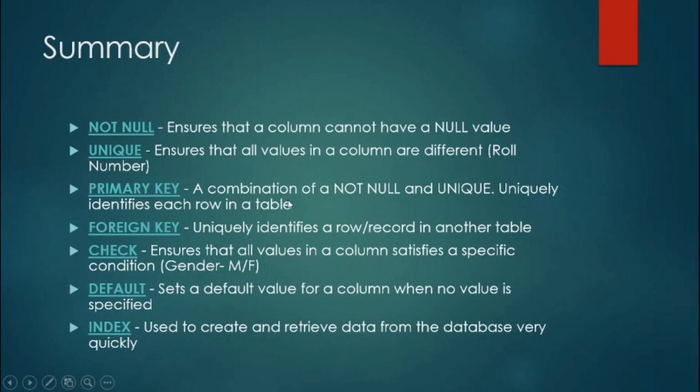Primary key is like a combination of not null and unique, and foreign key uniquely identifies a row or record in another table. Check ensures that all values in a column satisfy a specific condition.